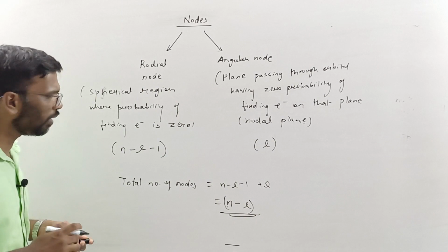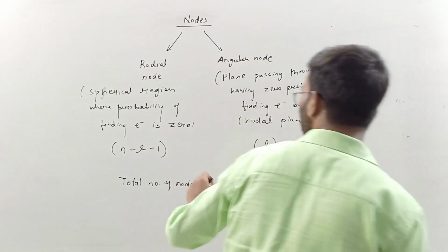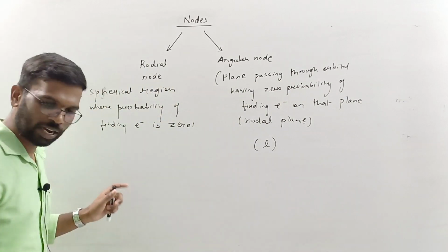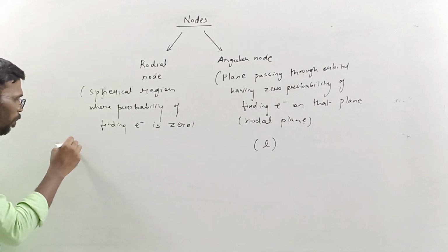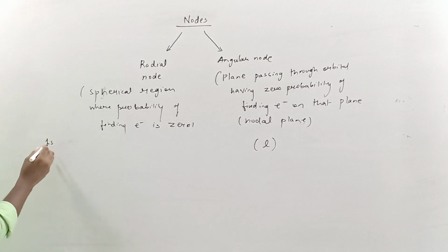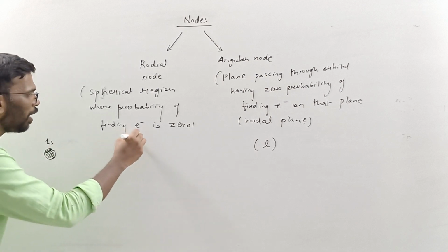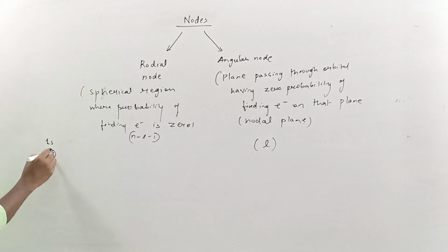Let's go into the understanding of this. What is the actual meaning of the radial node? I'll keep this definition as it is and we'll try to understand in this much space. Let's start with the 1s orbital. This is a region where the chances of finding the electron are zero. Using the formula n minus l minus 1, the radial node means I am starting from the nucleus and going outside.